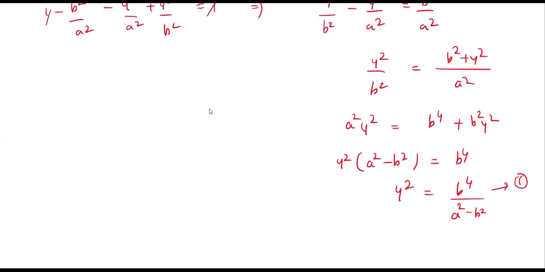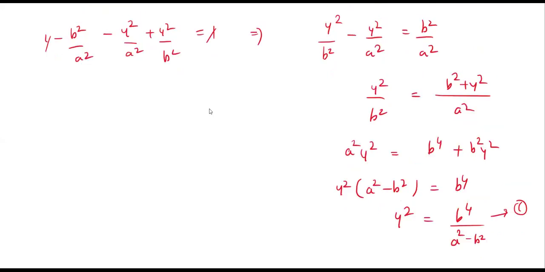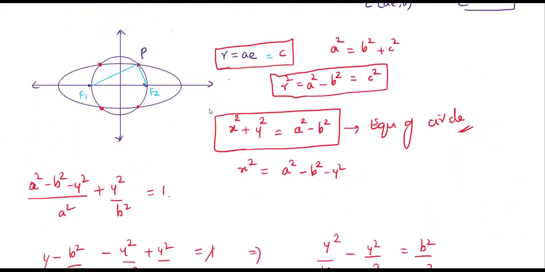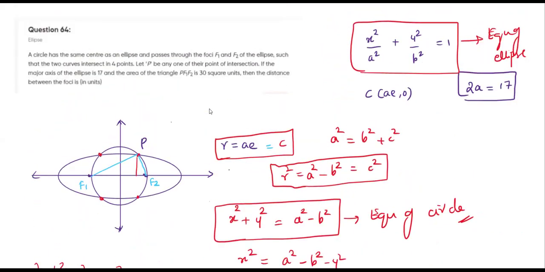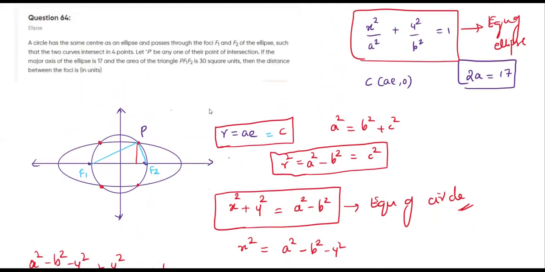Now here we can see, what is the area of this triangle? Area of the triangle PF1F2. It's given as 30 square units. The area of a triangle is half into base into height, right?